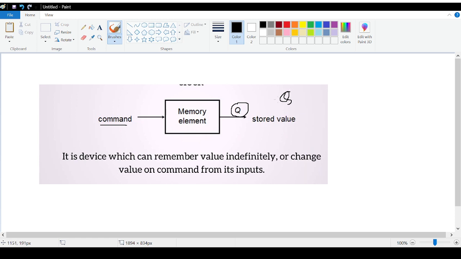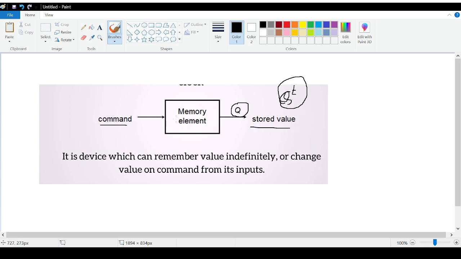Either I may use Q or sometimes Q(t). This notation Q means the value at the present time, and it shows which value is stored, okay. So remember, I'm going to use this notation a lot.